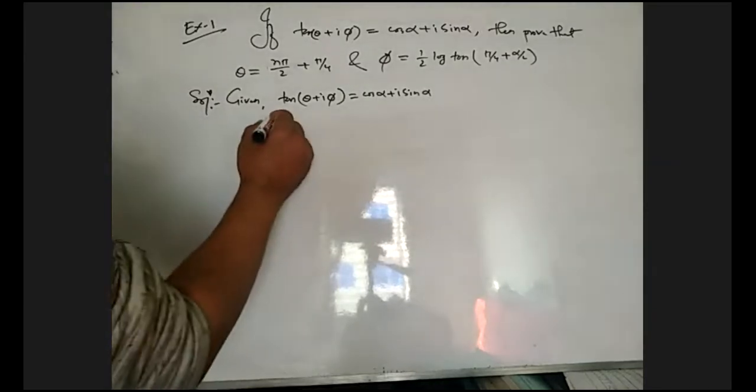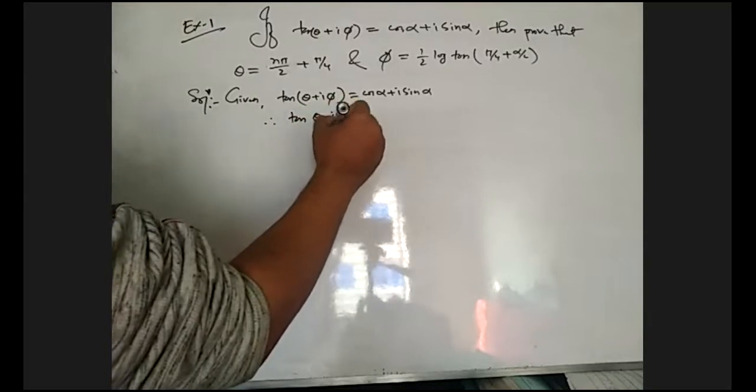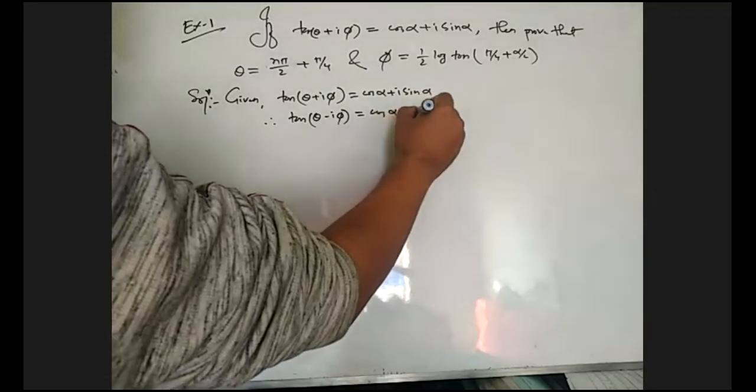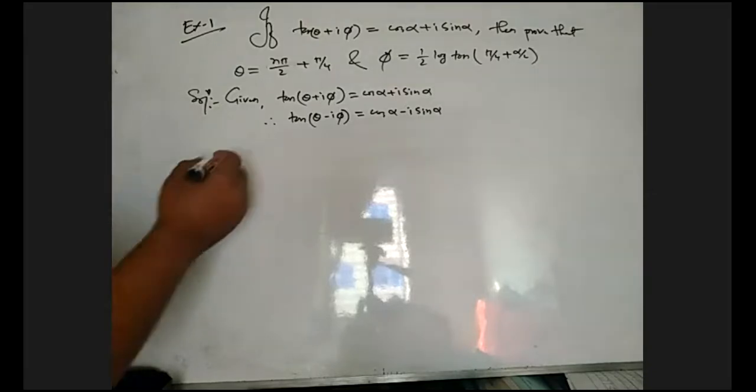So the conjugate of this, theta minus i psi, what will be? Conjugate cos alpha minus i sin alpha. This is the conjugate of the complex number theta minus i psi.